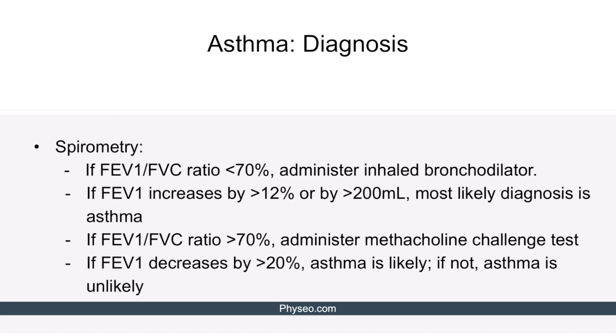Diagnosis of asthma is usually made via spirometry. If initial spirometry shows an FEV1/FVC ratio of less than 70%, one should administer an inhaled bronchodilator, preferably albuterol. If FEV1 increases by more than 12% or by greater than 200 milliliters, then the most likely diagnosis is asthma.